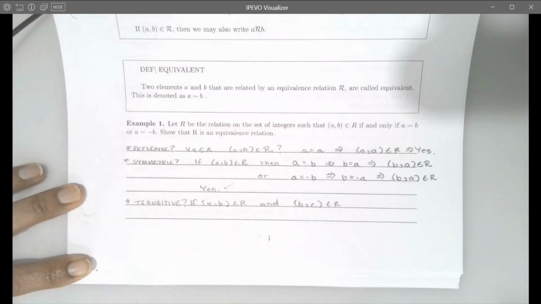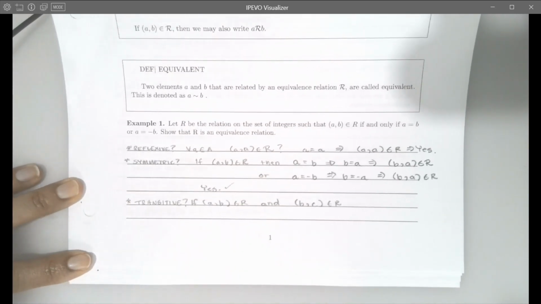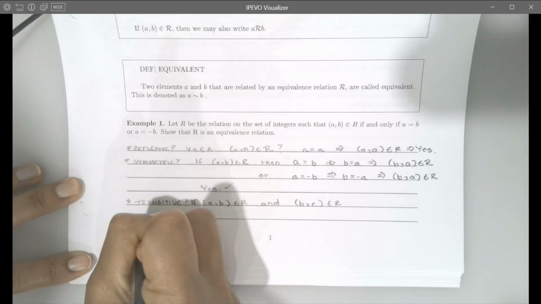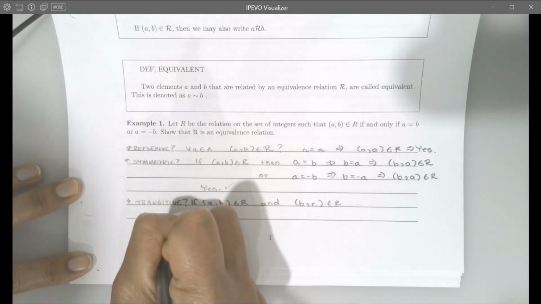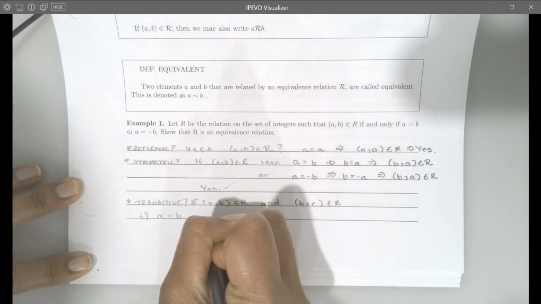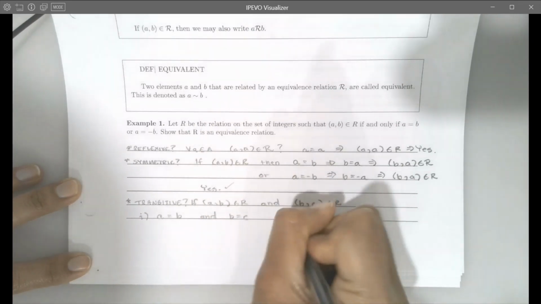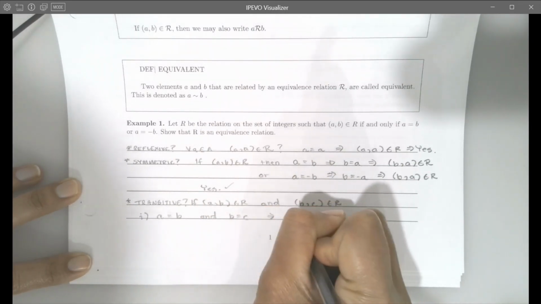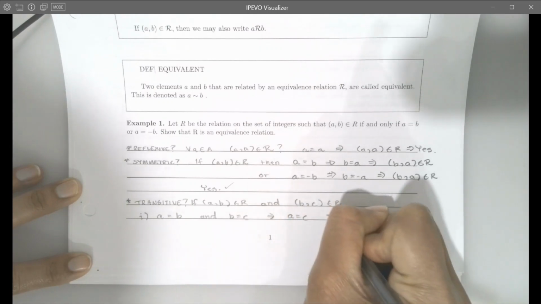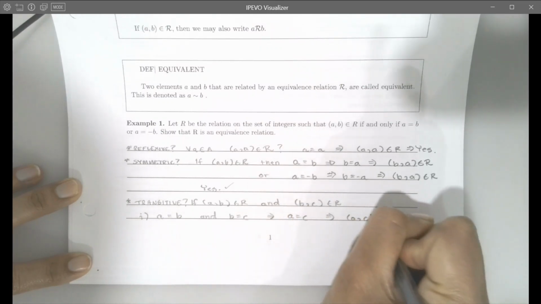Then four possibilities can occur. The first one is that a is equal to b and b is equal to c, in which case we're going to get that a is equal to c, and that means that (a, c) will be part of R.